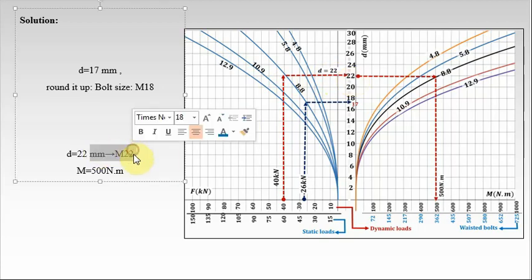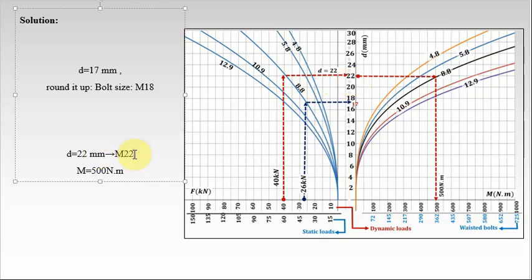Therefore, our bolt size should be larger than 22, but I use the M22 standard size. Because the tightening torque is important for us, from the vertical axis select 22, the bolt size, and go to the right to intersect the 8.8 curve, because our bolt grade is 8.8, and go down to find the tightening torque.